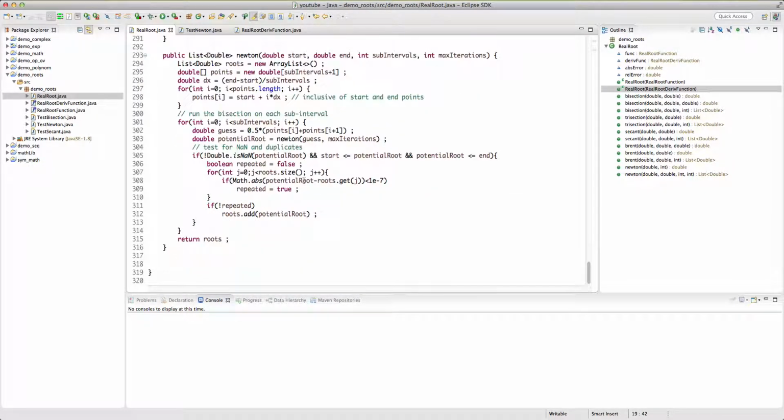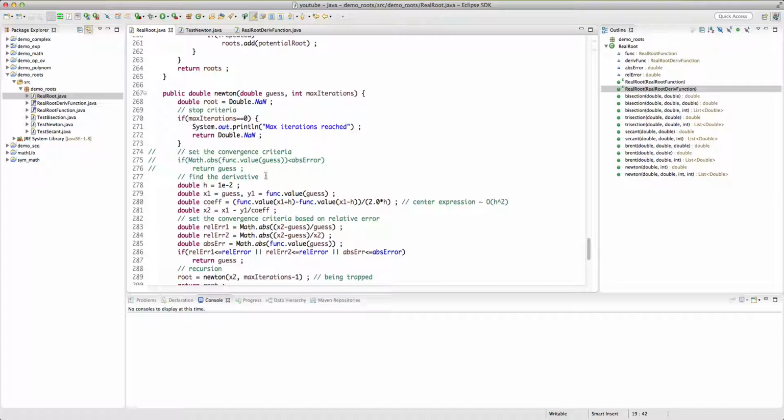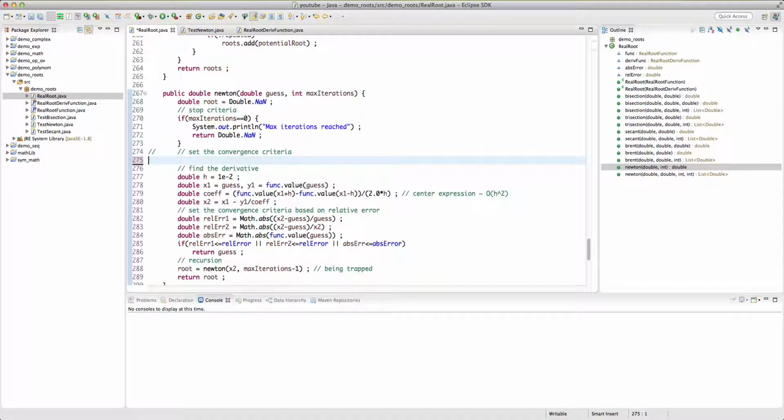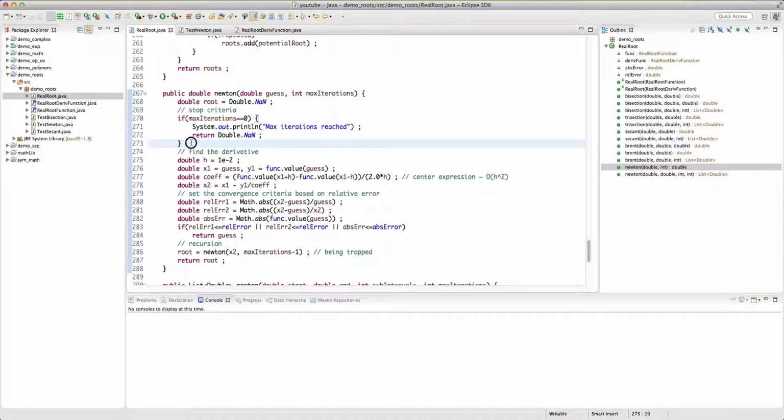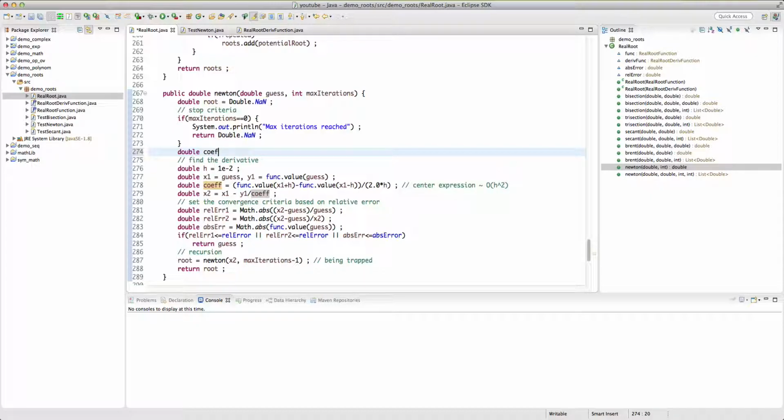Now in Newton's method, when I'm here, we only need to find the value of the coef. Okay, so double coef is basically, let's say 0 right at the beginning. Actually we don't need that, so let's check for deriv function.